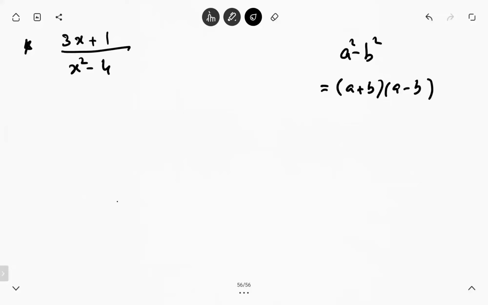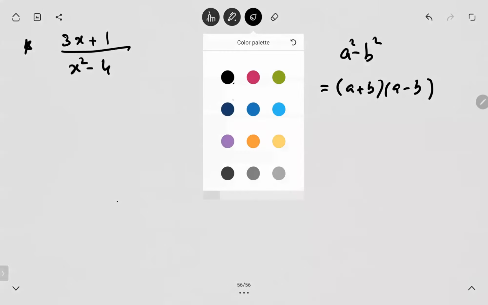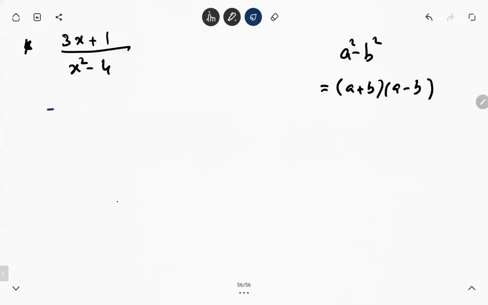So here the factorization of x square minus 4 is, it's not x minus 2 whole square, remember. x square minus 4 को हम x minus 2 whole square लिख सकते हैं? No, this is wrong. x minus 2 whole square को अगर ओपन करें तो you get x square minus 4x plus 4.